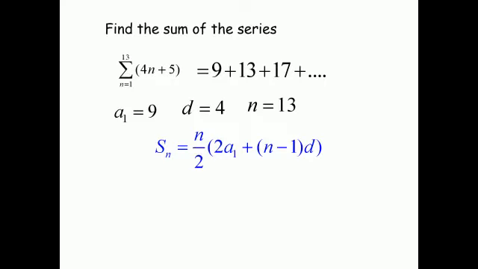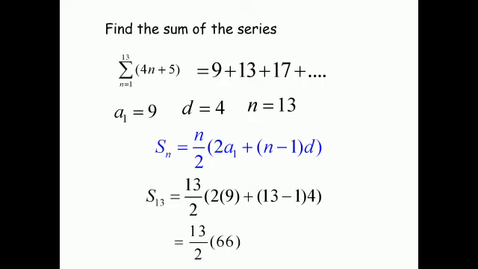Okay, if we give 4 into 13 plus 5, we can make the last term, and you can use the first formula also in this special case. Otherwise, use the second one. Okay, apply the values here and then solve it.